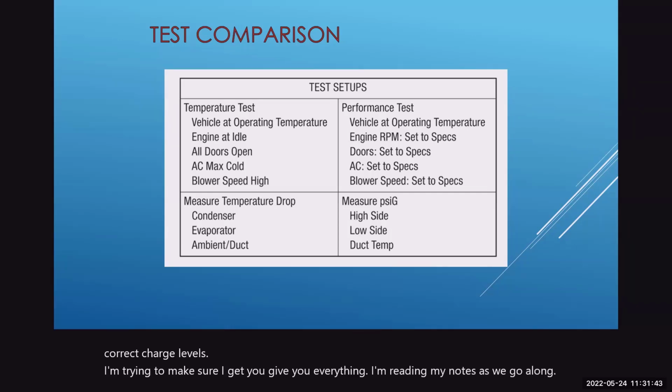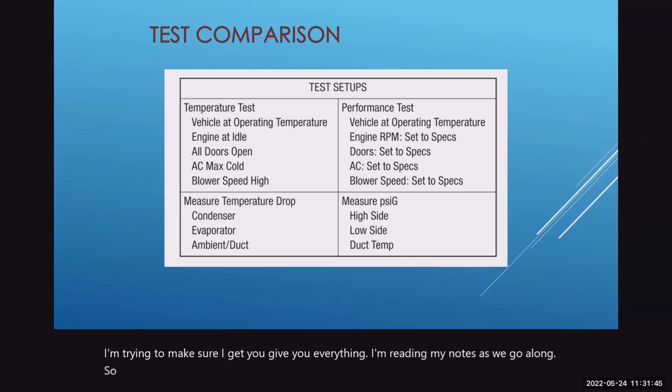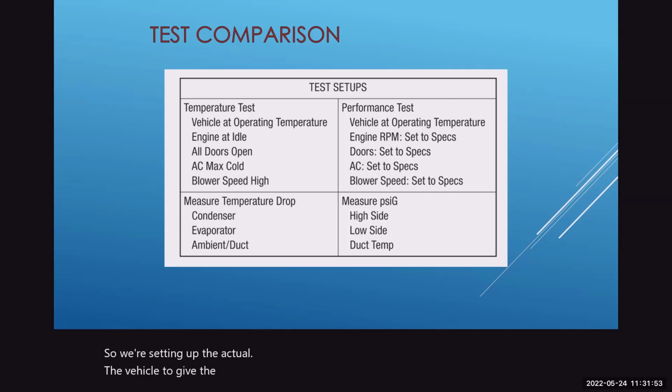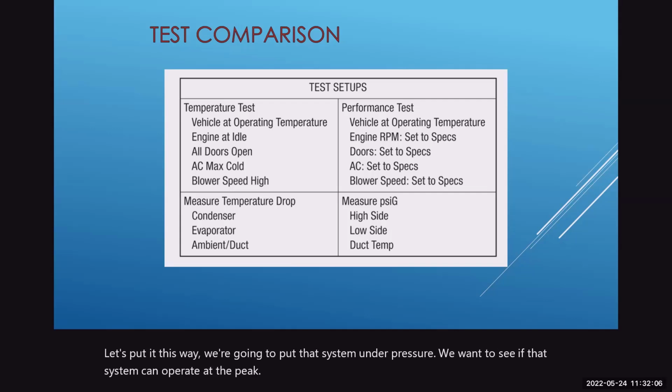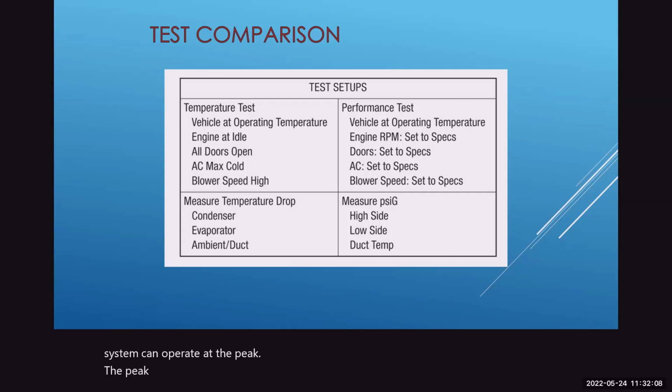So we're setting up the vehicle to give the maximum. Let's put it this way, we're going to put that system under pressure. We want to see if that system can operate at the peak, the peak ability, let's put it that way.